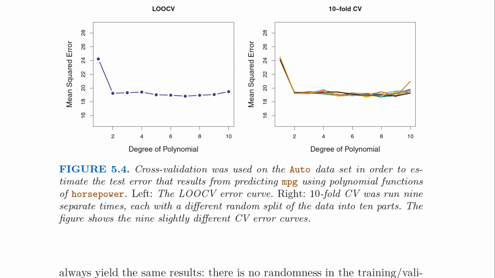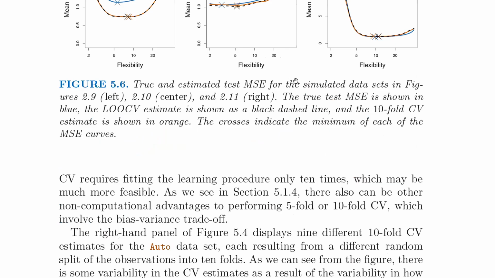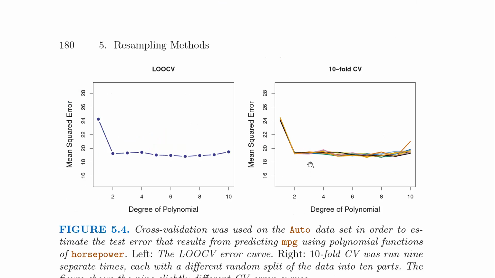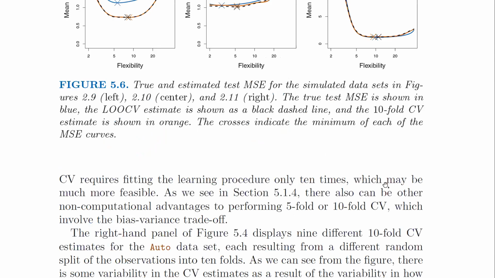Then again, fit on 90%, predict on 10%. Each time you'll get a different curve. And remember, we're using these, at least in this context, to test which degree polynomial we should use. Should we just regress on horsepower together with horsepower squared, etc.?